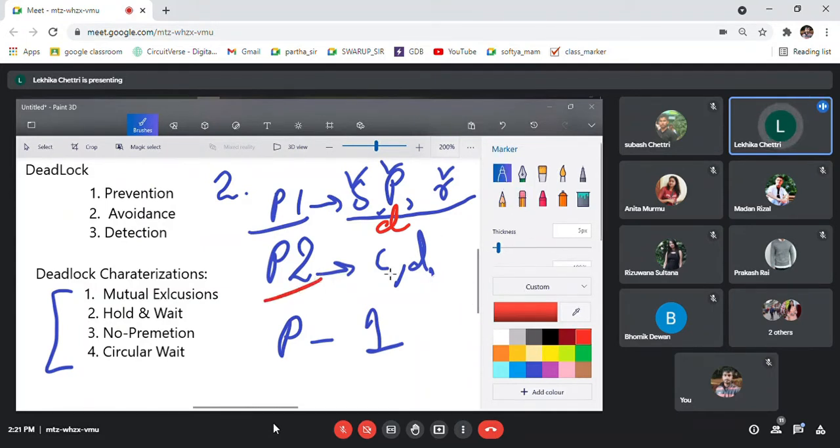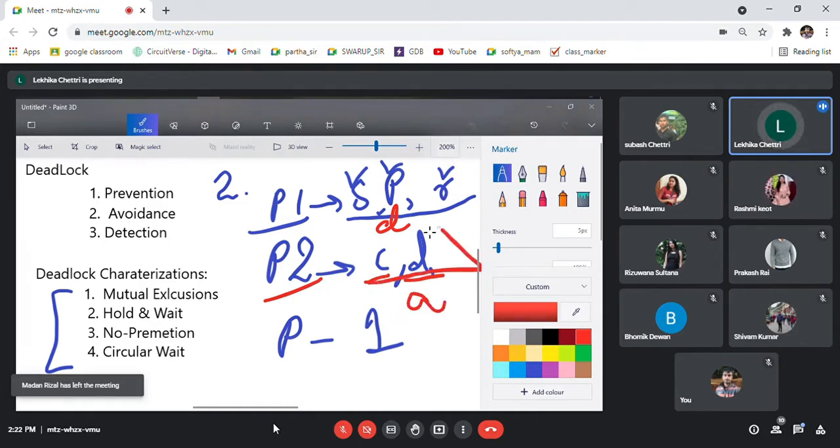Process P2 has with it resource C and resource D. To complete its task, it needs resource A. It is holding C and D, and it needs A to complete the task.